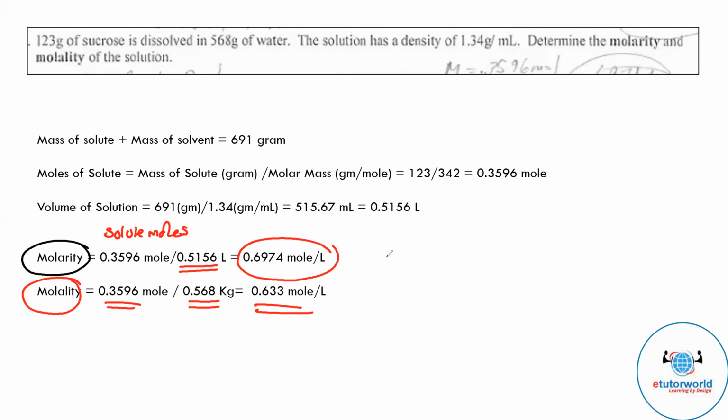Okay. So what are your final answers? The final answers are, this is the molarity, which is 0.6974 mole per liter.